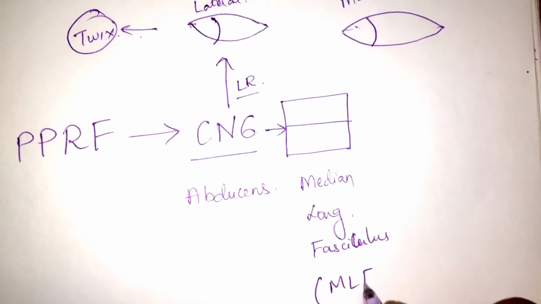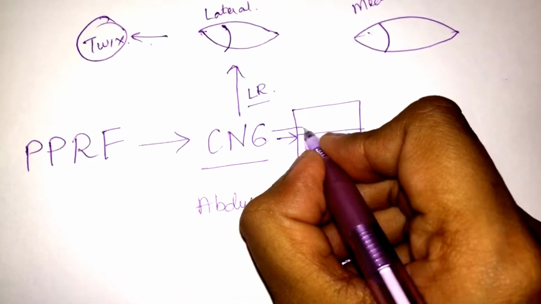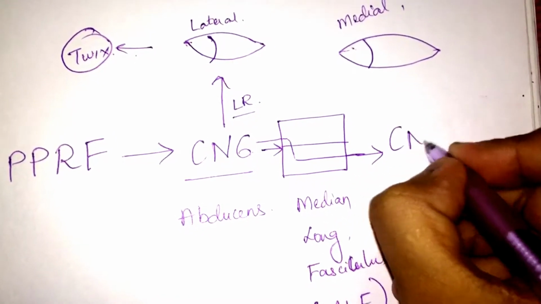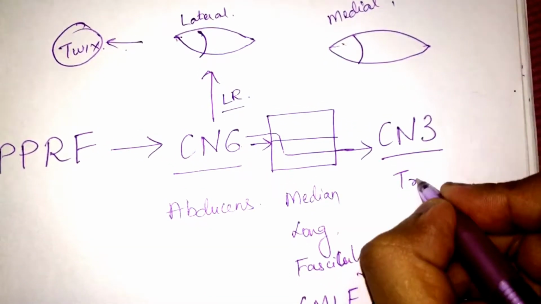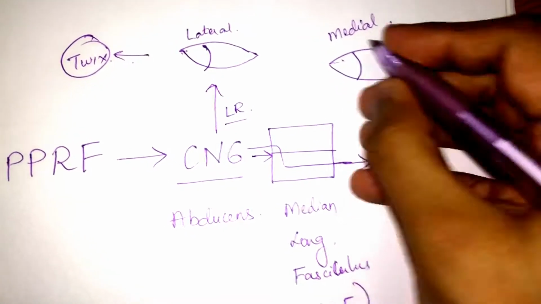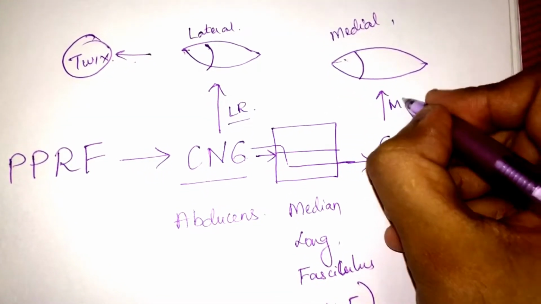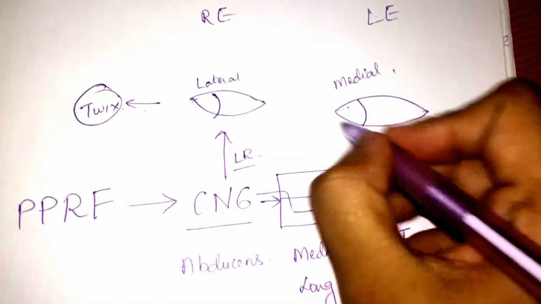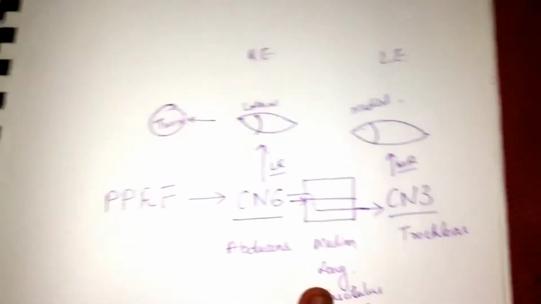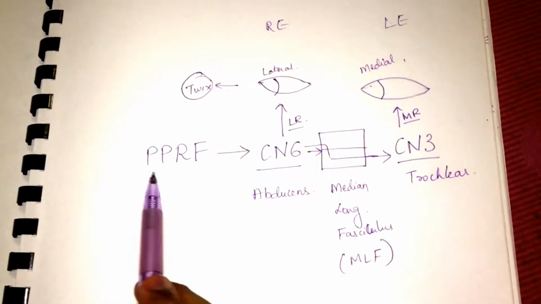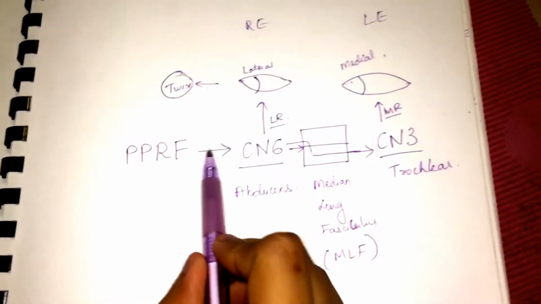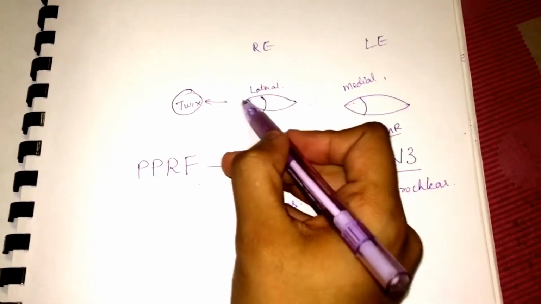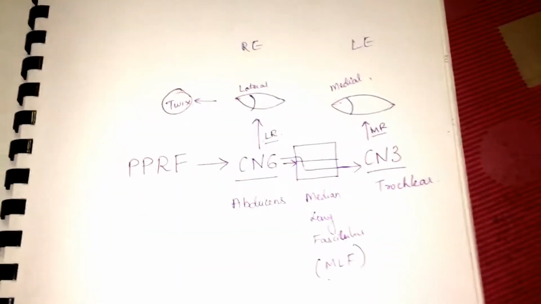The MLF decussates here and then sends signals to the cranial nerve 3, the oculomotor nerve, which with the help of medial rectus, because it has to look at the medial side, will make the left eye look at the medial side. So this is how the PPRF and the MLF make the horizontal gaze. This looking at the horizontal sides is called the horizontal gaze.